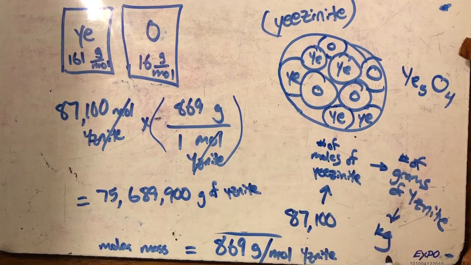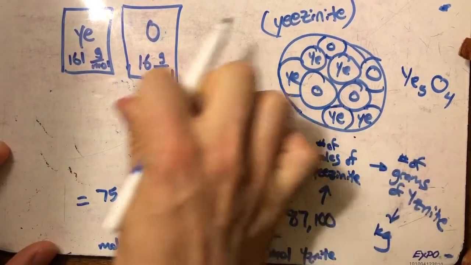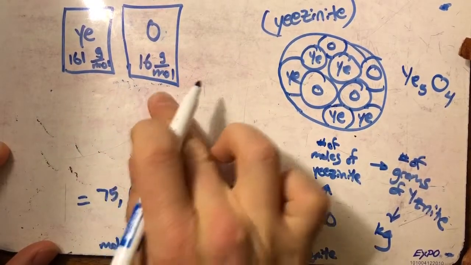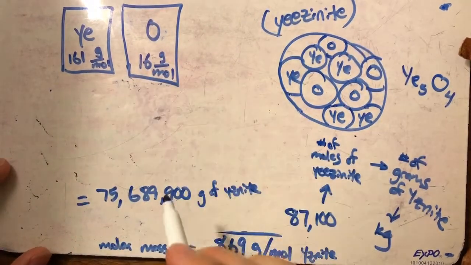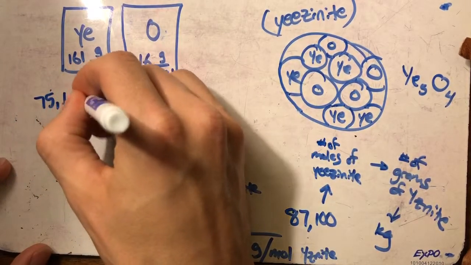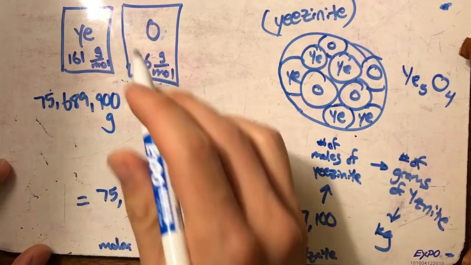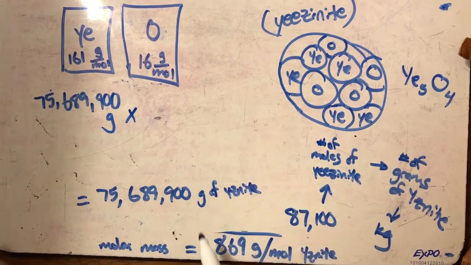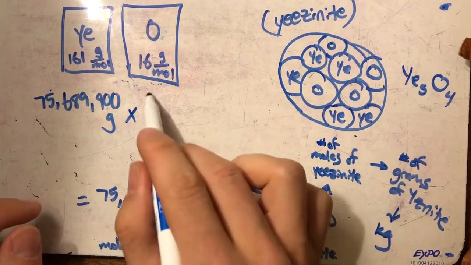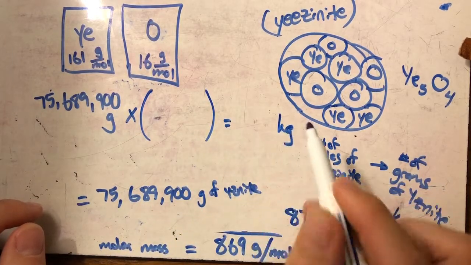But we need to report our number in kilograms. So we need one more conversion factor. Okay, let's erase this. And if we have our number here, 75,689,900 grams. Our final conversion factor gets us from the gram unit that we are in to the kilogram unit we need to be in.